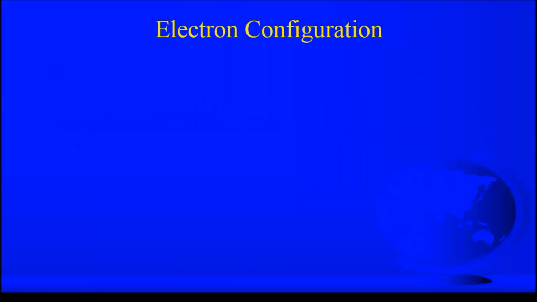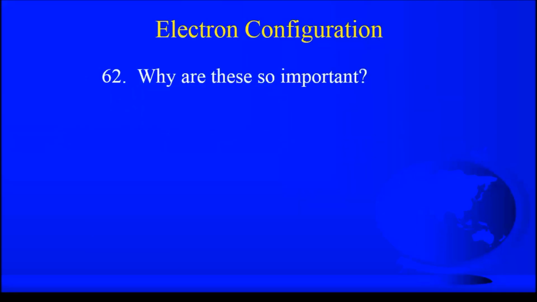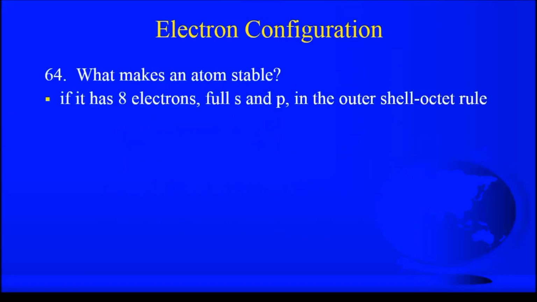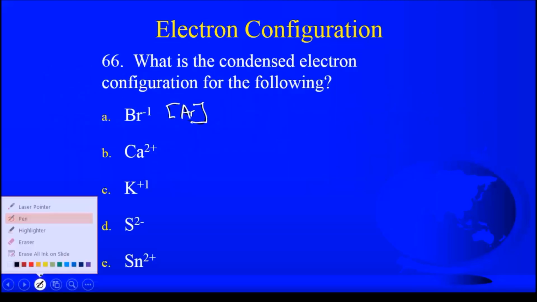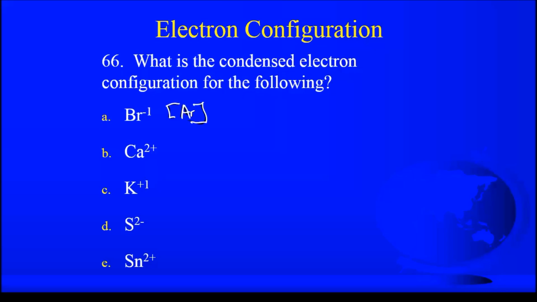Tanaya, now that you know what that looks like, you can do calcium. First of all, give it to me without it being +2. Up and over to the right to find the noble gas.